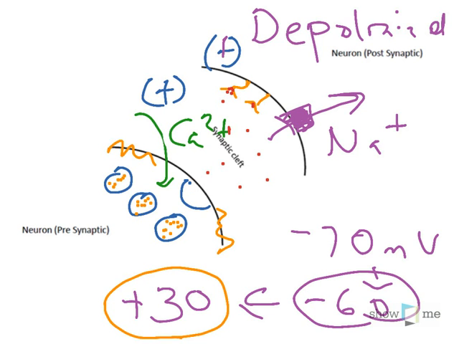And once this happens, we will use some sort of enzyme to clean off all of our little receptor sites. So I can erase neurotransmitters and we can just get rid of the receptors. Our sodium gates will close.